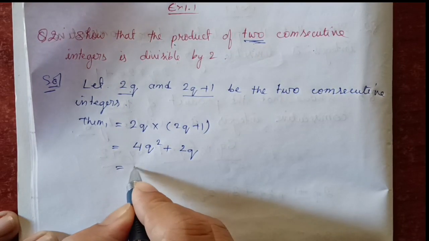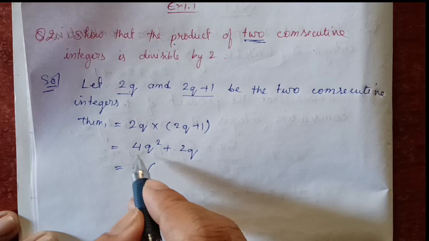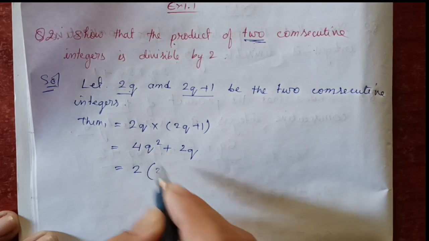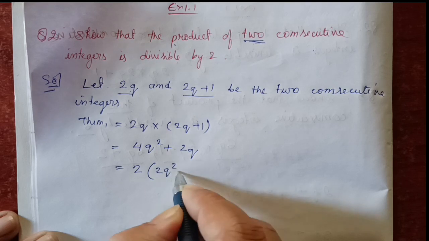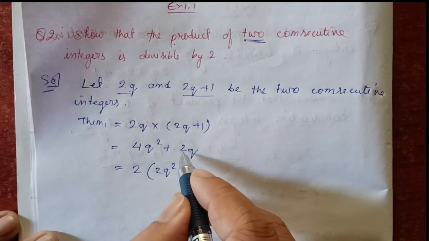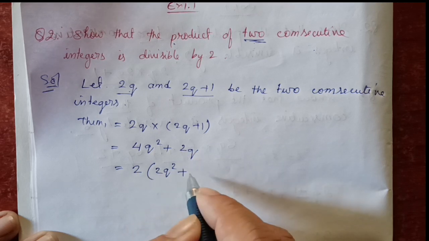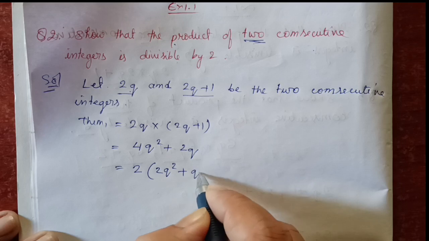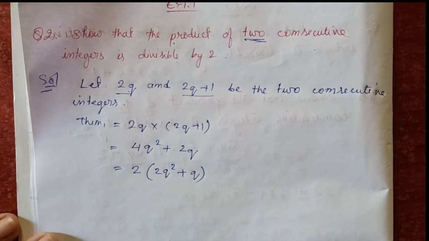So now let us divide by 2. If 4 is divided by 2, we get 2. 2 2s are 4. q, we don't do anything, so we keep q. If 2 is divided by 2, we get 1. 2 1s are 2, so the remaining is only q.